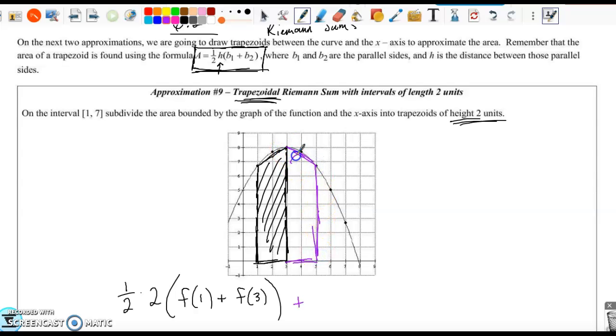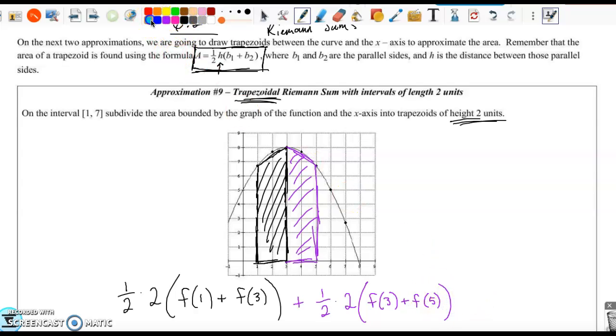I think you could see in my work here that I'm cutting off quite a bit of empty space. We're getting a pretty good approximation. And again, the formula for the trapezoid is 1/2 times the width, or the height of the trapezoid, and then you add f of 3 plus f of 5.